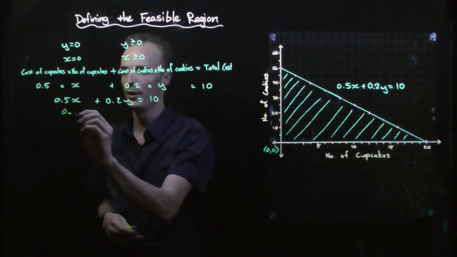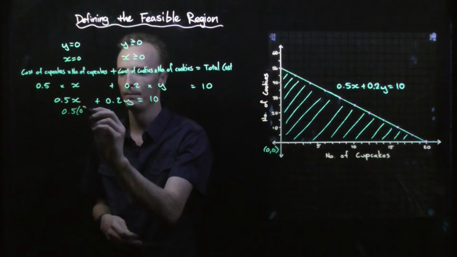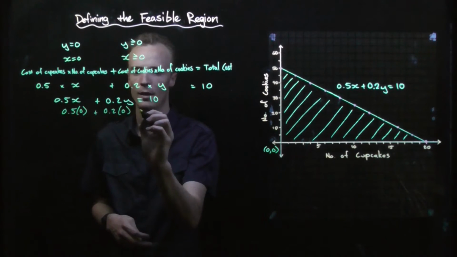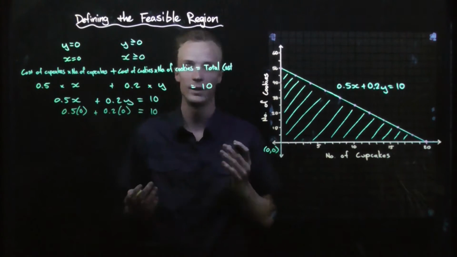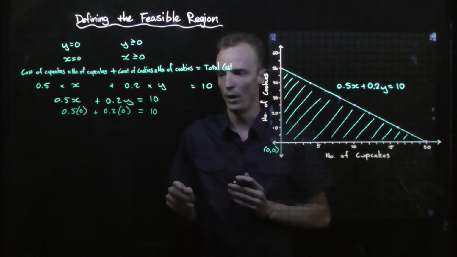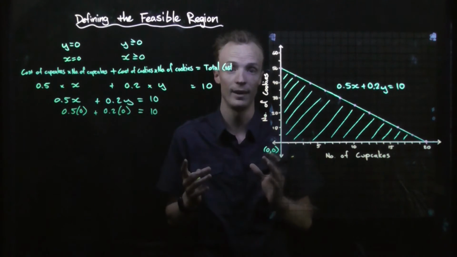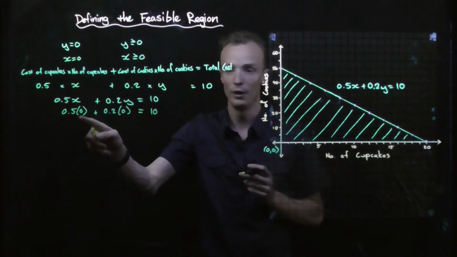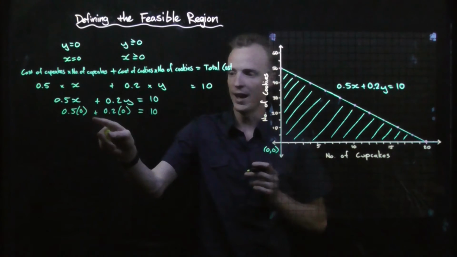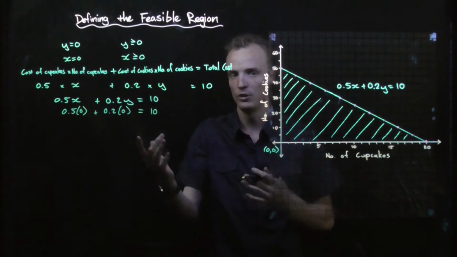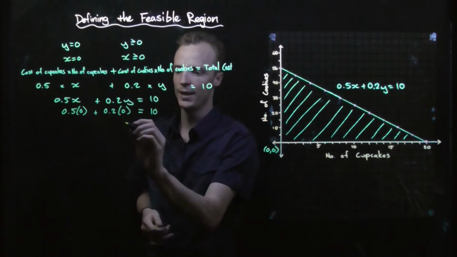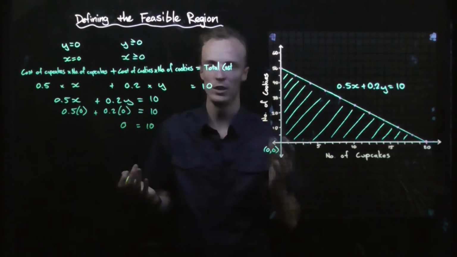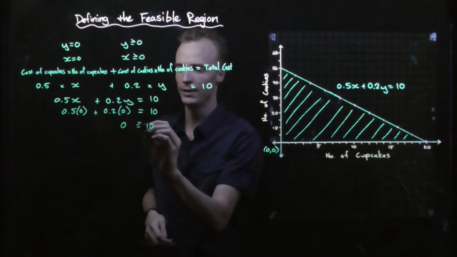So it's going to be 0.5 times 0 plus 0.2 times 0, which we're just going to say is equal to 10. Remembering that right now we're working out whether this is going to be less than or greater than 10. So 0.5 times 0 is 0. We're going to add that to 0.2 times 0, which is also 0. So we're saying that 0 is equal to 10, which isn't true. We know 0 is less than 10.